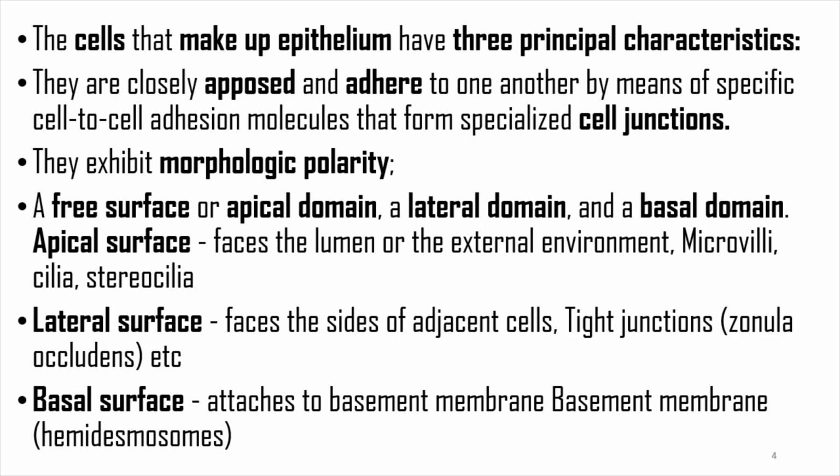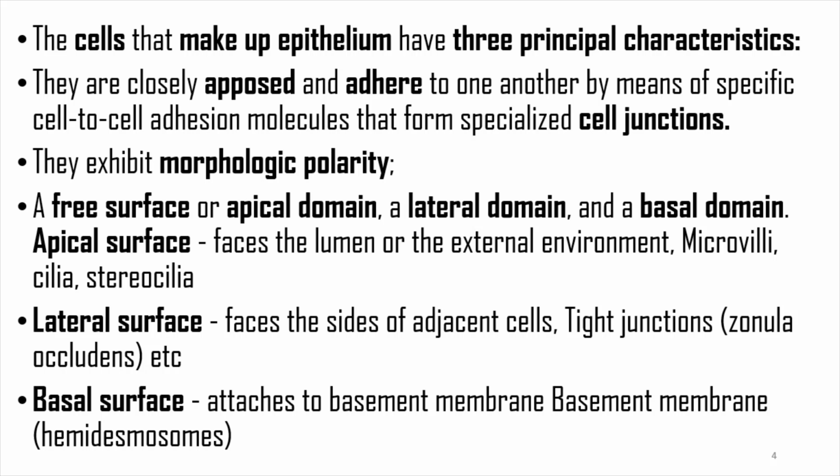So the cells that make up epithelium have 3 principal characteristics. Number 1, they are closely opposed and adhere to one another by means of specific cell-to-cell adhesion molecules that form specialized cell junctions. They exhibit morphological polarity.